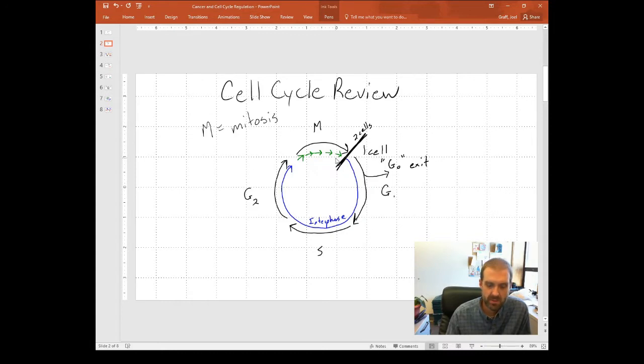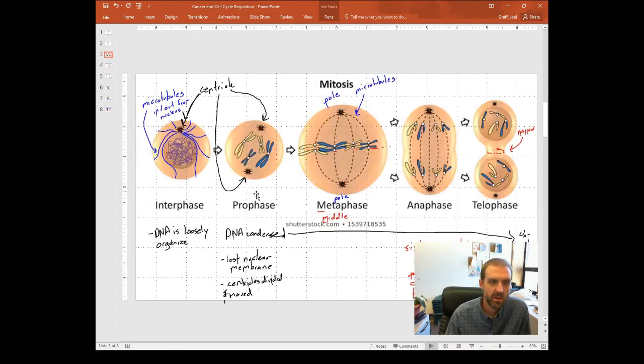I drew 5 arrows because occasionally prophase is also shown to be separated into pre-prophase and prophase. Okay. The first thing we saw over here was the DNA is loosely organized, and in the rest of the images the DNA is condensed so that we can see those nice X shapes of the chromosomes.